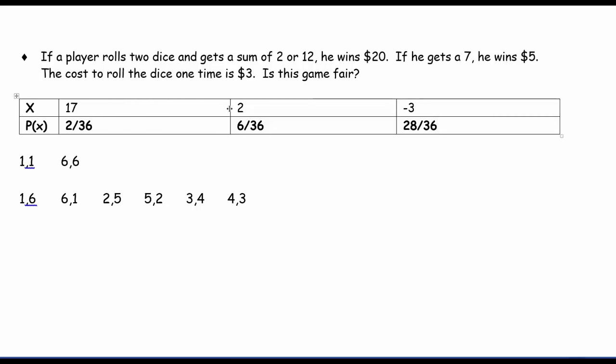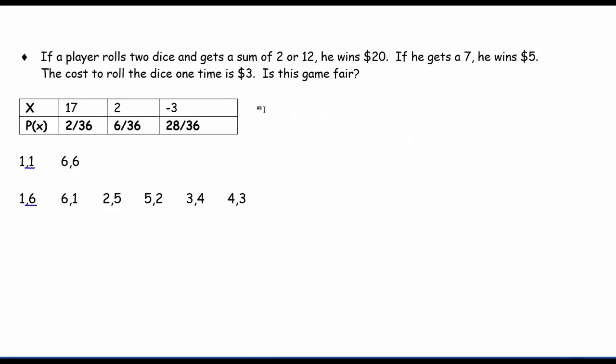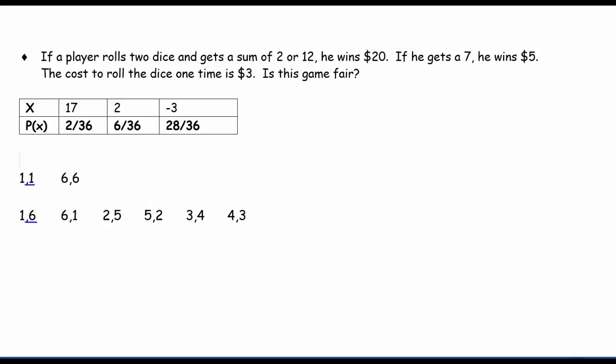So what we can do, we could go straight to the calculator, but all they're really asking for is the mean here. What do we expect to win out of this? So we can just set this up by hand and then type it in a calculator. Let me show you what I'm talking about.